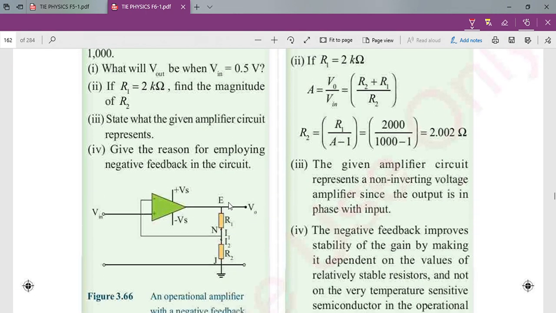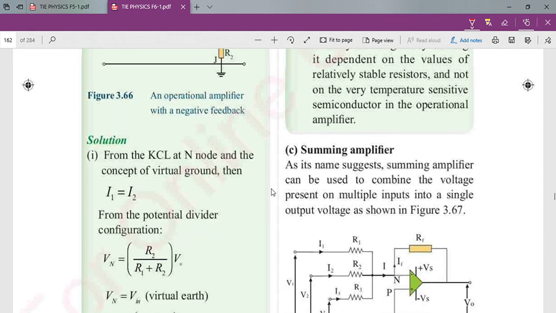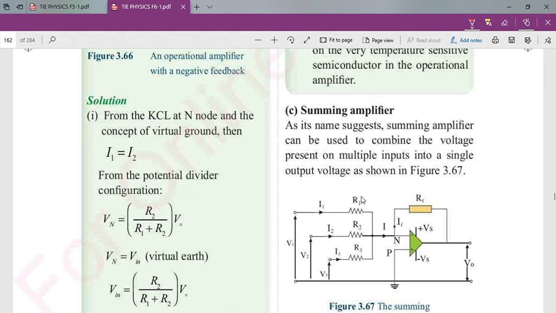Let's move to the case of the summing operational amplifier. It is named by summing all currents. We have I1, I2, I3. These currents are all connected to the inverting, negative polarity. So I is equal to IF.